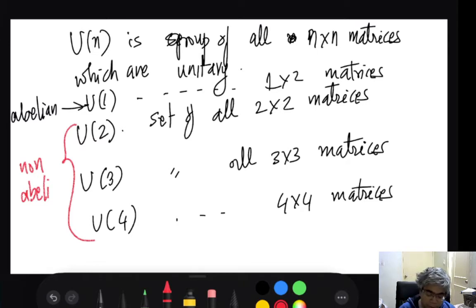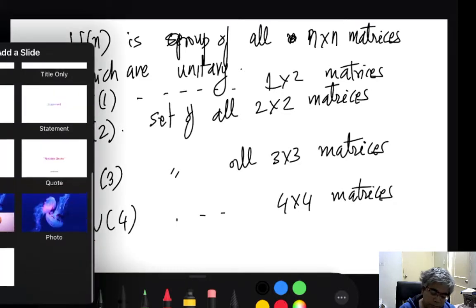So let's take the U1 theory, the set of all complex numbers. If they are just 1 by 1 matrices, it means the set of all Z such that Z Z star is equal to 1.